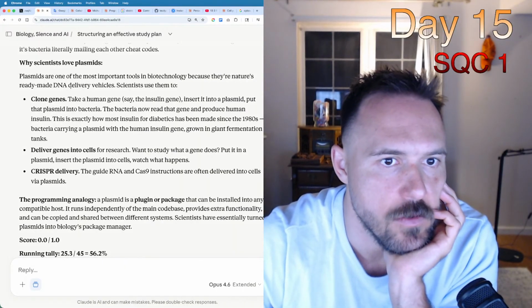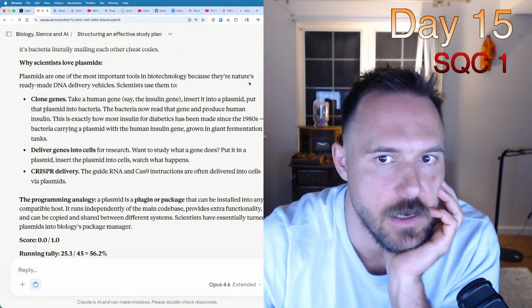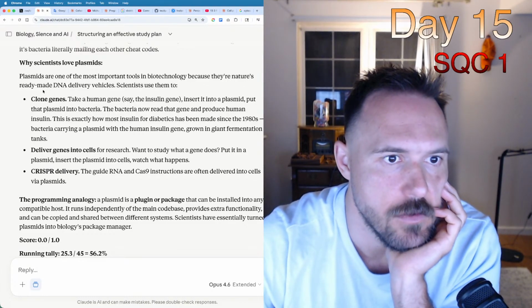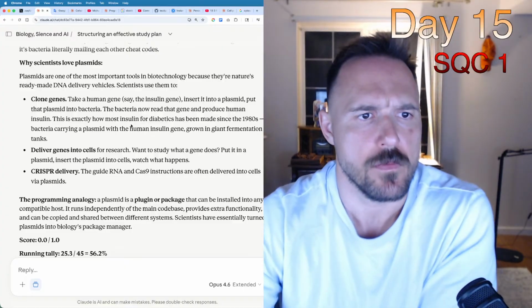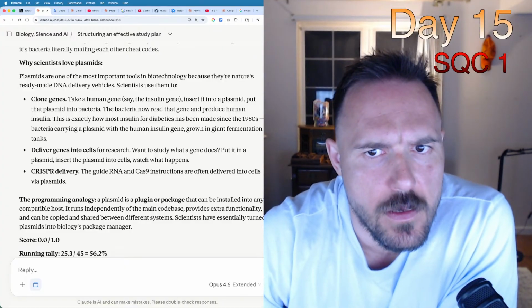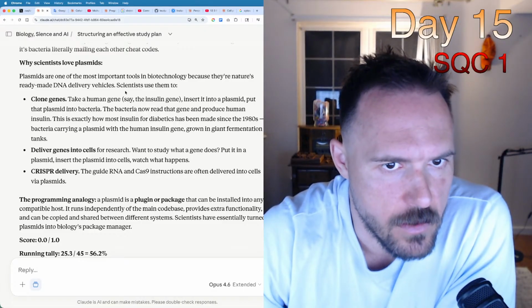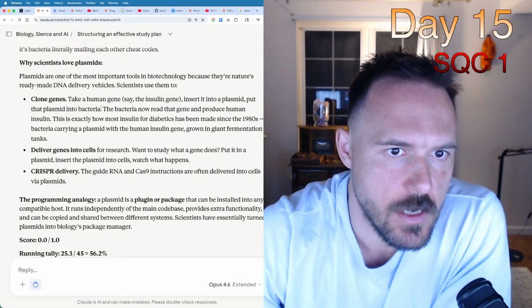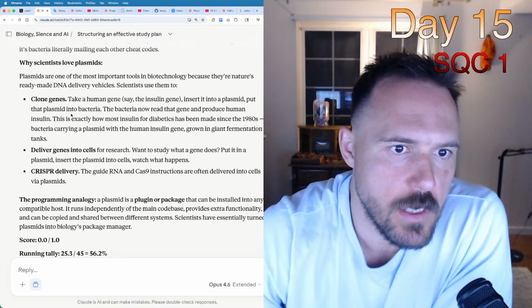Plasmids are one of the most important tools in biotechnology because they are nature's ready-made DNA delivery vehicle. Scientists use them to clone genes. Take a human gene, say the insulin gene, insert it into the plasmid, put that plasmid into the bacteria.